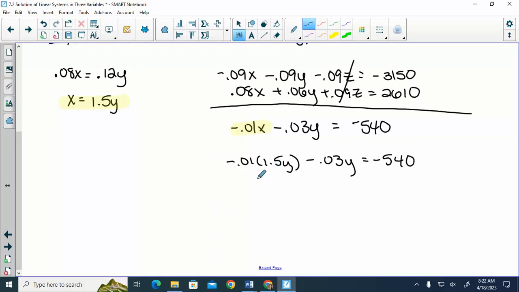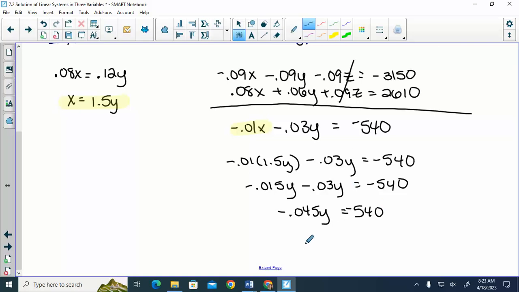So negative 0.01 times 1.5. That's a lot of work. 12,000.